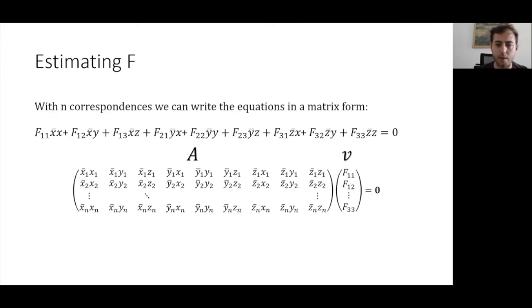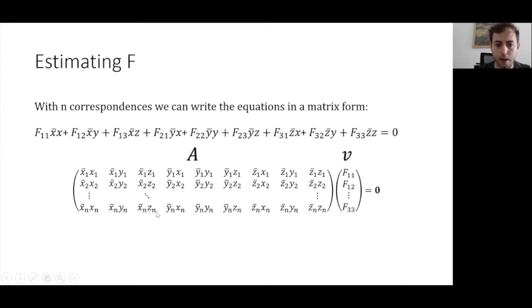So now if I have n correspondences, I can write all these equations in a matrix form. So basically, from each correspondence, we get a row of A from the coefficients.